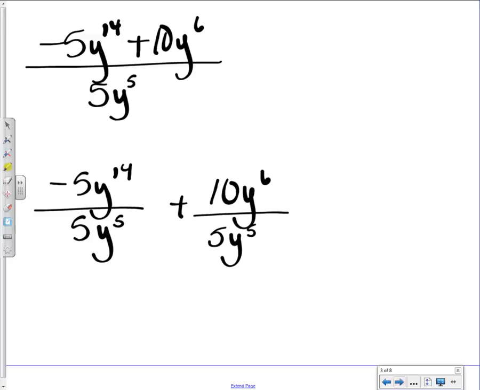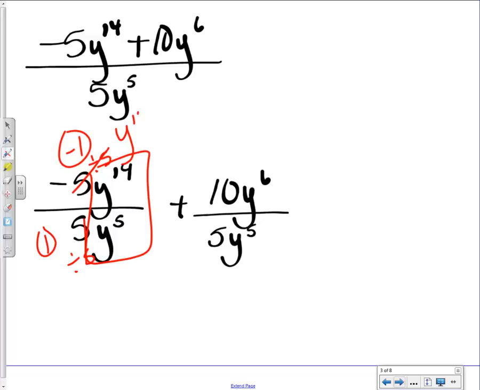Okay, I look at this far side over here and I divide the top and bottom both by 5. This has bases that match. I subtract, and I end up with y, I think it's, yep, 9. Okay, so I have negative 1 y to the 9th.